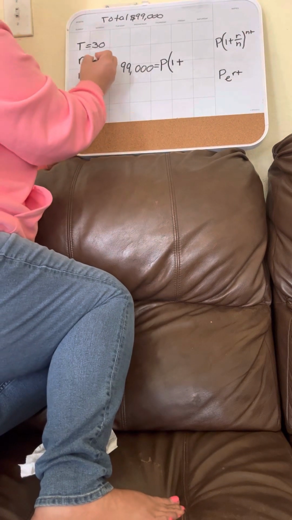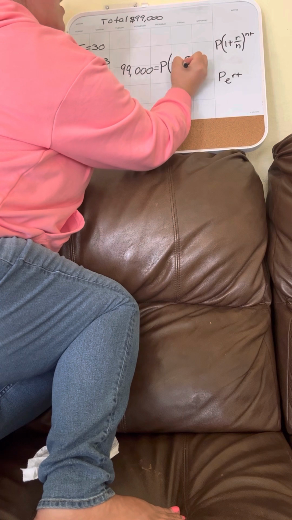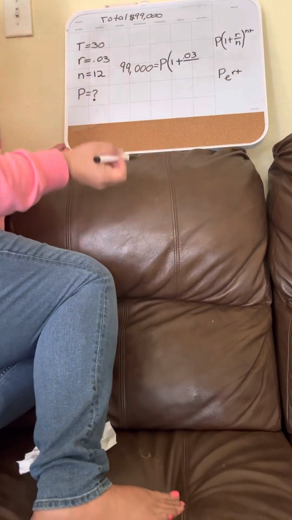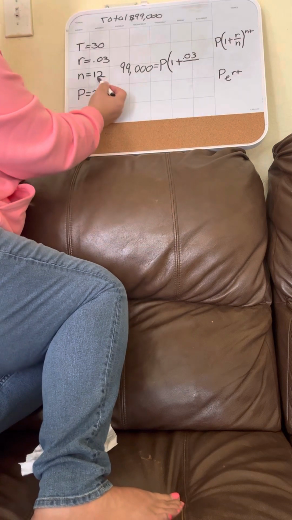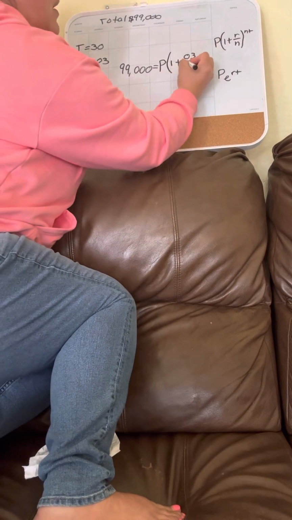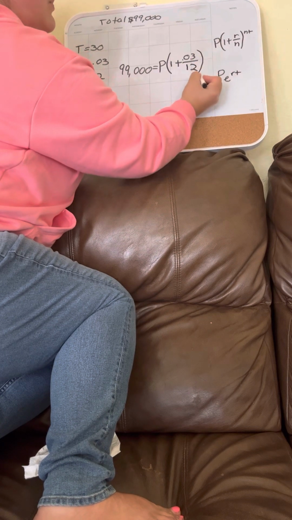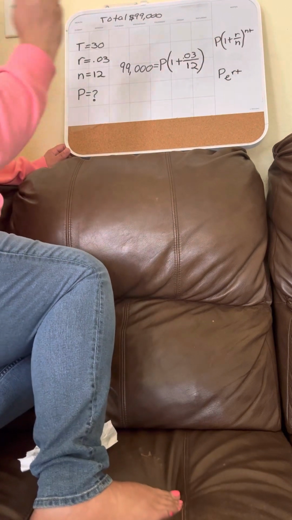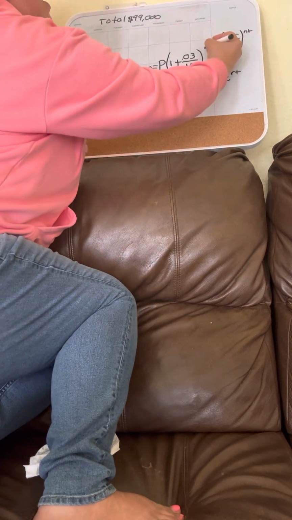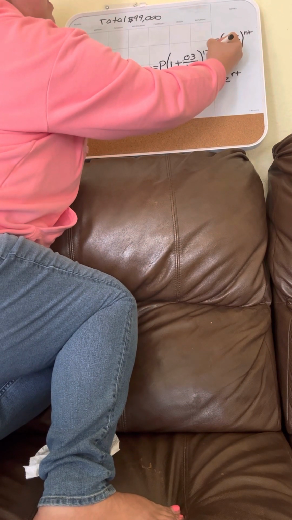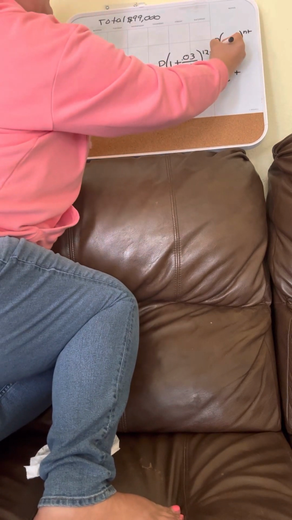Our rate is 0.03, over, what is our N, which is the number of times it's compounded? 12. And we raise it to the NT. We have N and T, so it would be N equal to 12 times T, which is 30.